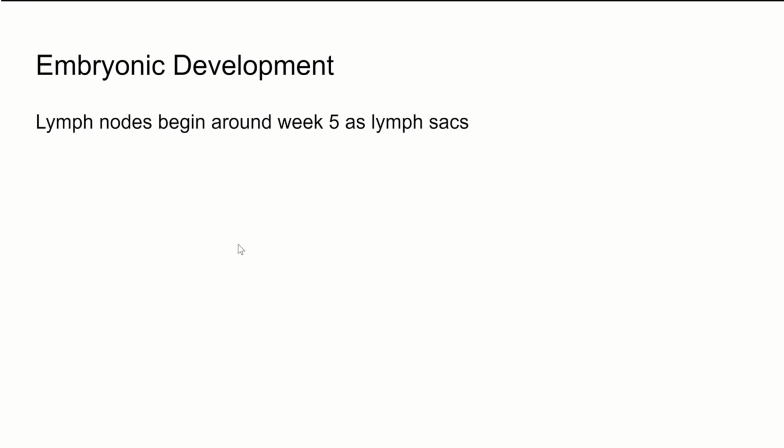So, lymph nodes develop around week 5 in a pregnancy, and they are known as lymph sacs.